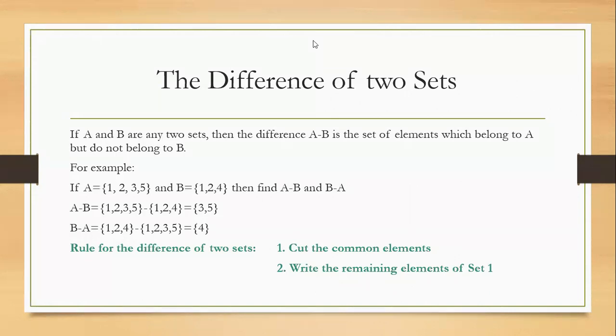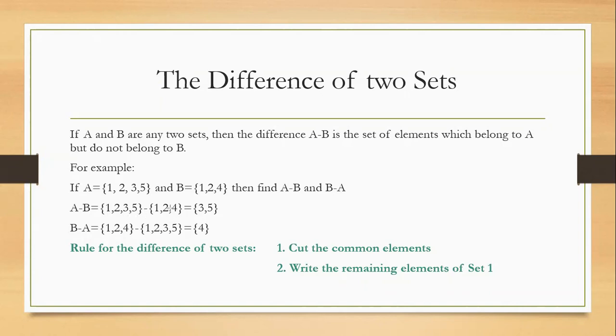A minus B means that you have to subtract set B from set A. Am I right? Now, first you have to copy down the elements of set A, then elements of set B. A minus B. Read with me.